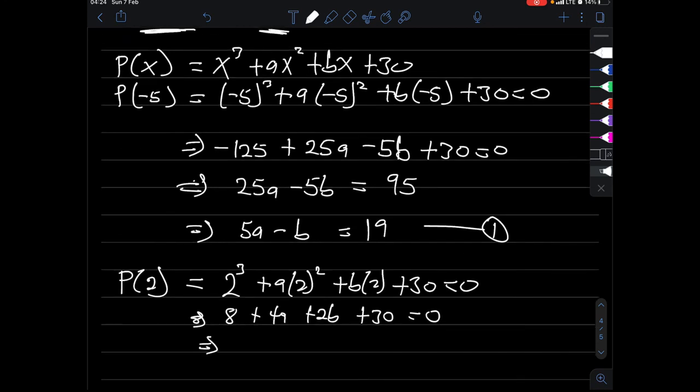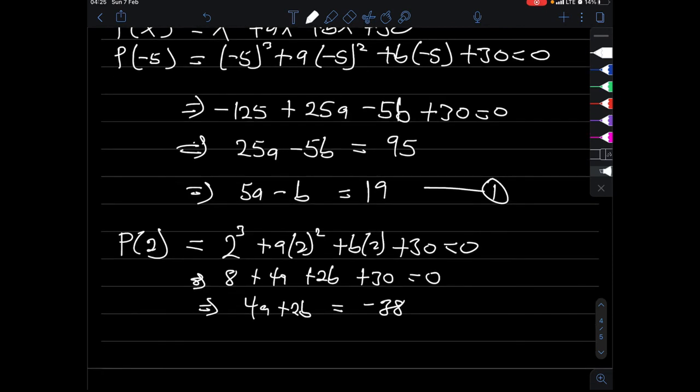In other words, we have 4a plus 2b is equal to negative 38. We can simplify by 2 here. Negative 38 divided by 2 will give you negative 19. Let's call this equation 2.